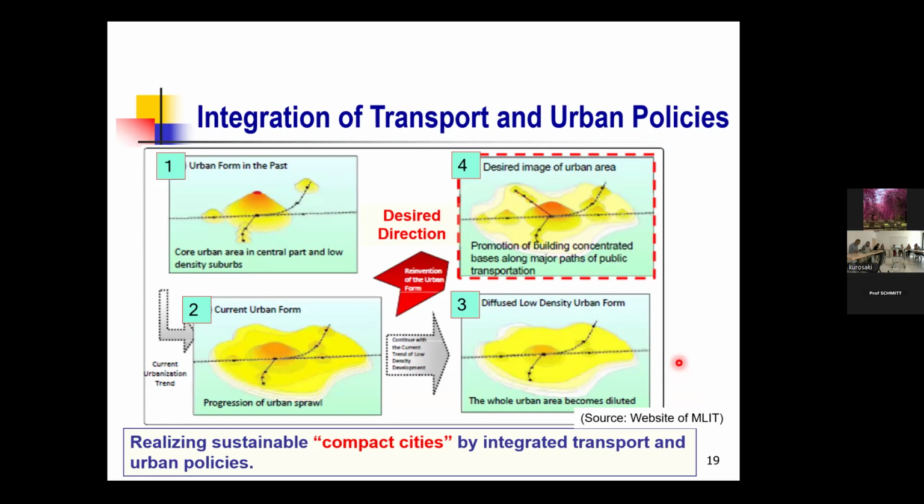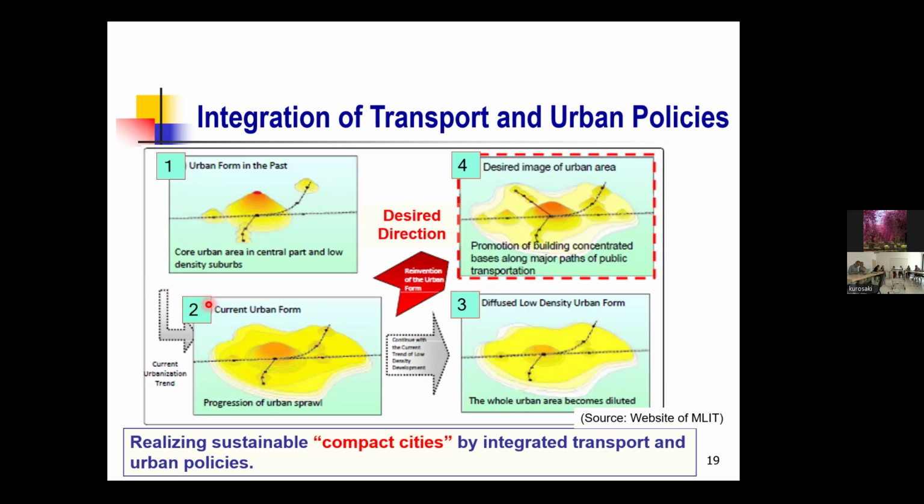When people could not drive by the car, people relied on public transport and lived around the station and bus stops, which is shown in number 1. Then, according as the road networks develop, people started to live in wider area and urban sprawl started as shown number 2.